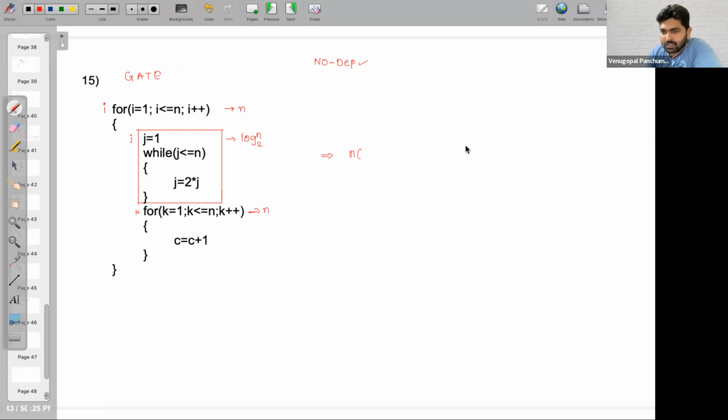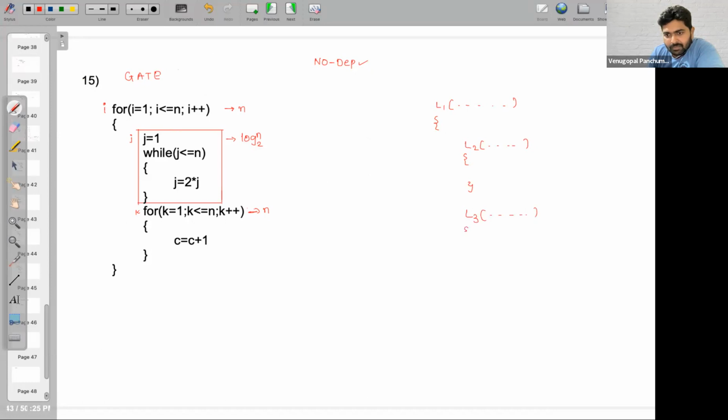Always remember. A standard thing I want to explain here: if you have a loop L1, inside this loop L1 we have two loops, let's say L2 and L3.